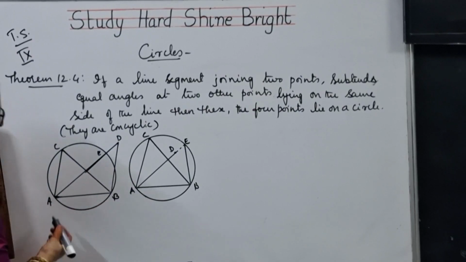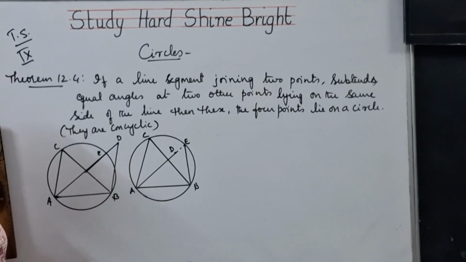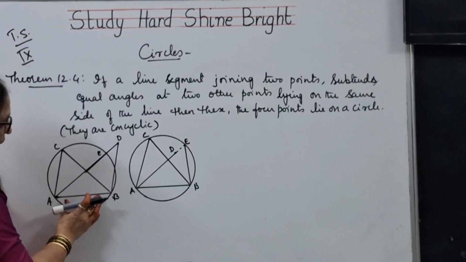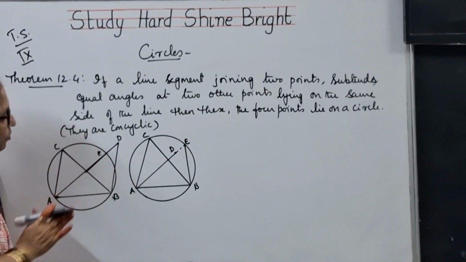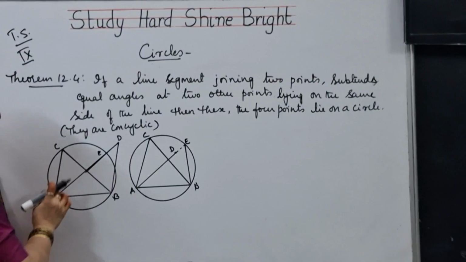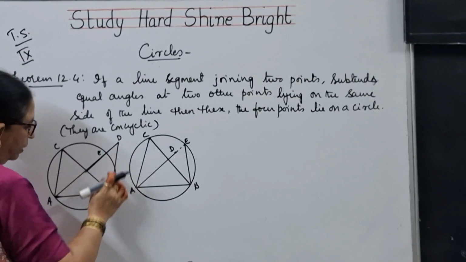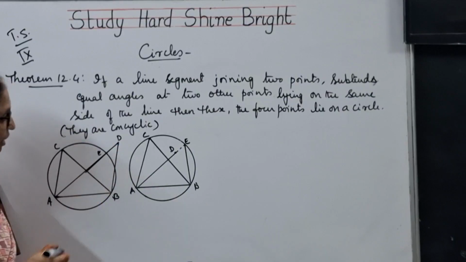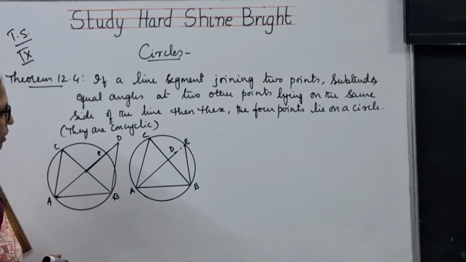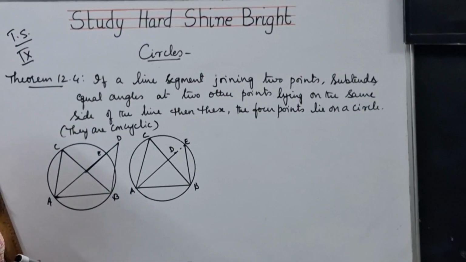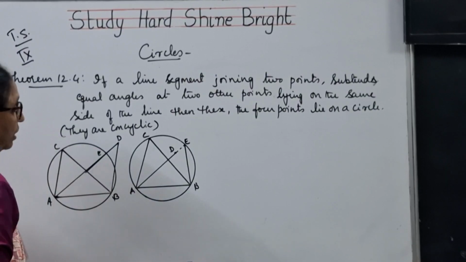And if a line segment joining 2 points subtends equal angles at two other points lying on the same side. For AB, let us suppose this is the side we have selected. Here C and D are 2 points. So when you join them, it is giving same angle. Whatever is this angle, the same measure is angle D. Then it subtends equal angles at the two other points lying on the same side of the line.